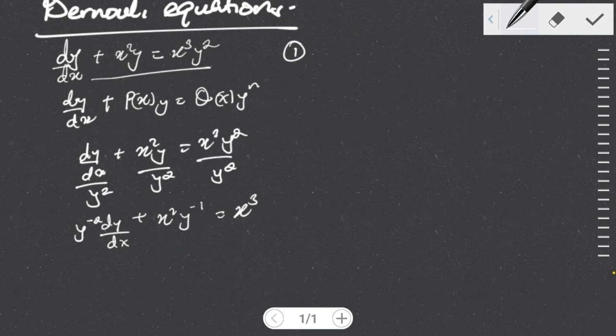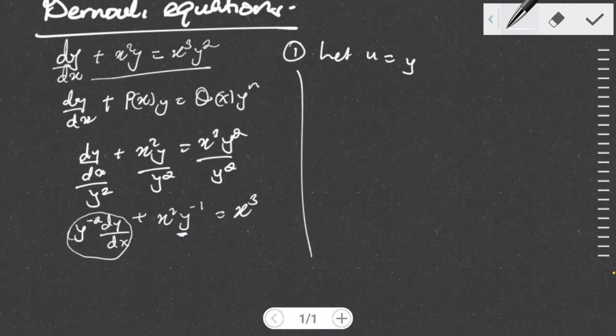Now, we have to work so that we can attain back the whole of this. Therefore, let u be equal to y to power -1.